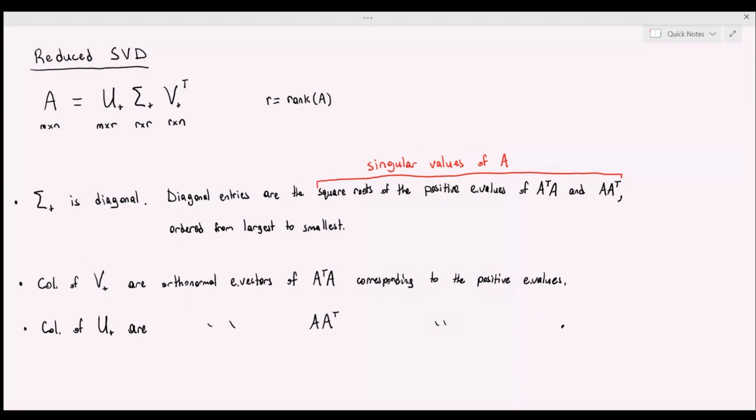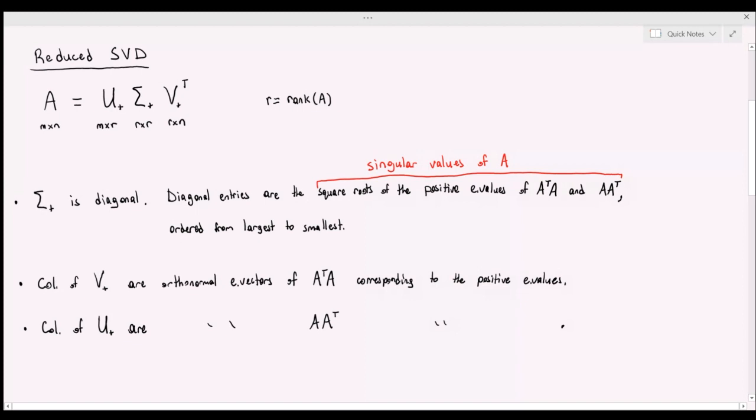Now I've indicated the size of the matrices. So this U with a plus subscript will be size m by r. This sigma in the middle will be a square matrix size r by r.